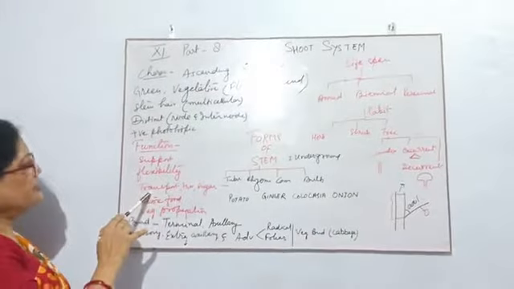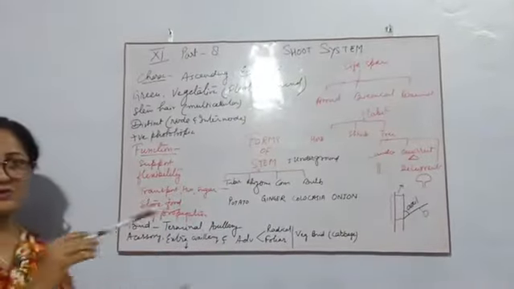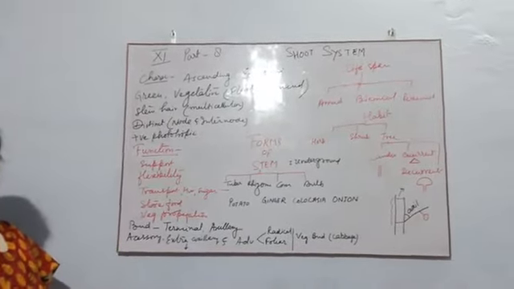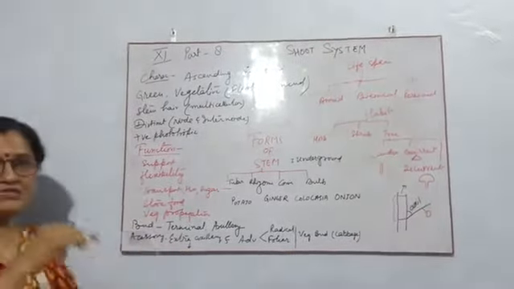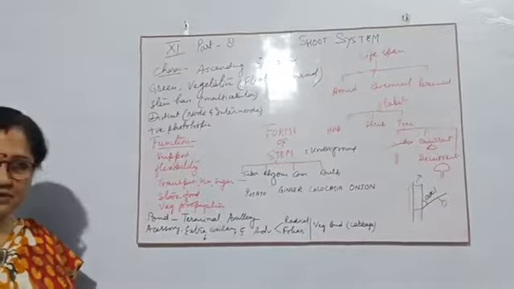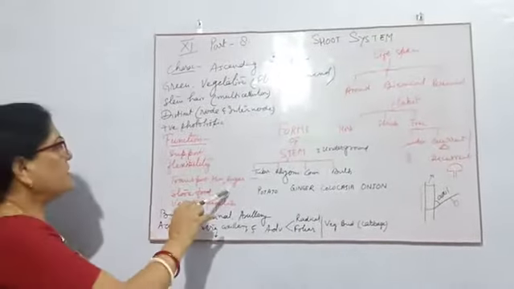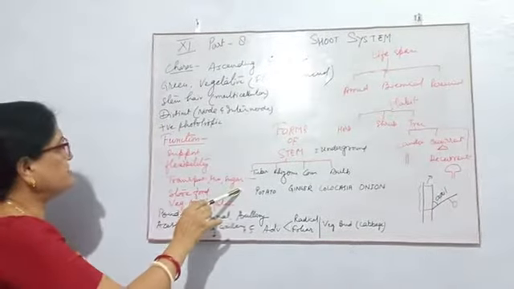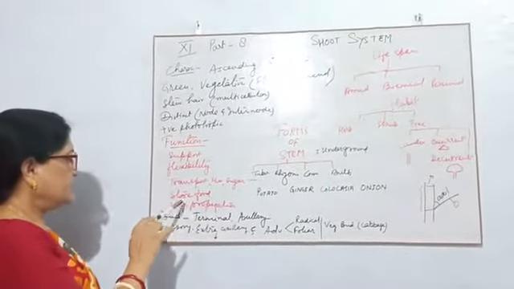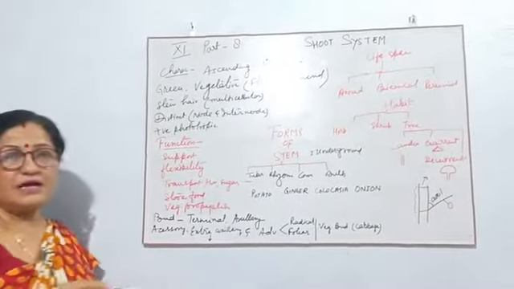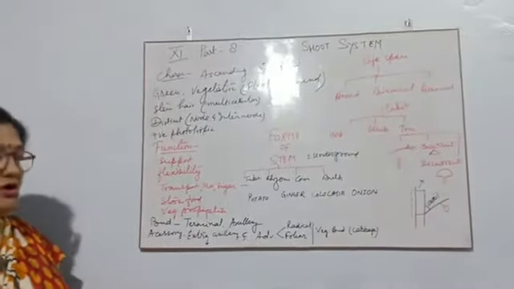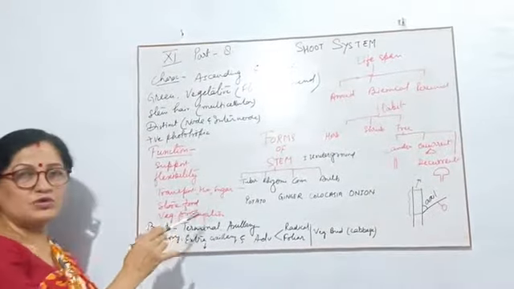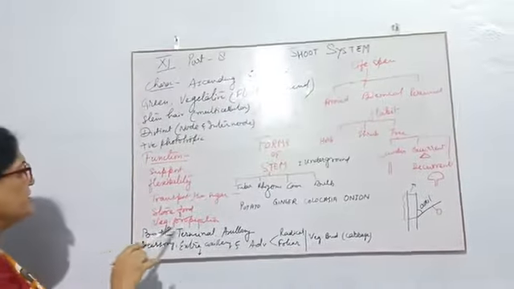The third one is transport, because phloem and xylem, two tissues present in the stem, help to transport food, that is the sugar, and water by the xylem. So these two things are transported by the stem. Another function: potato or ginger are also stems, and they help to store food.